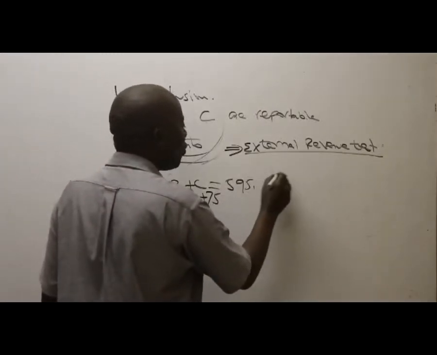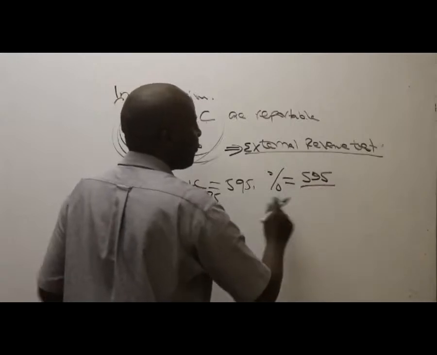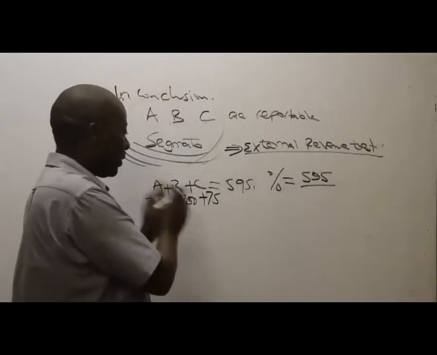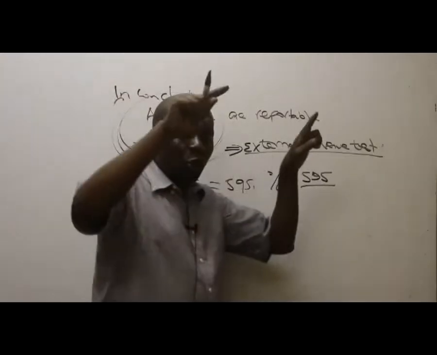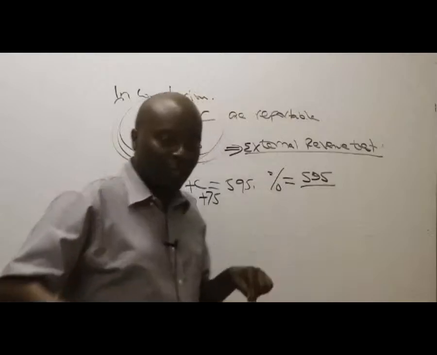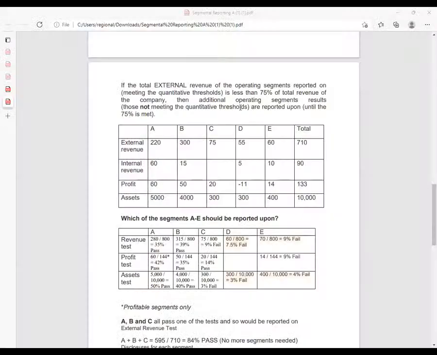So percentage wise, the total reportable sales revenue of the three will be 595 out of the total company's external sales, which is 710 here.